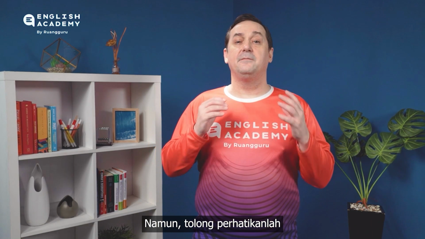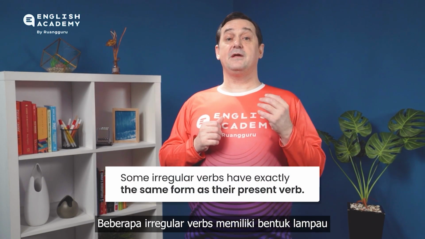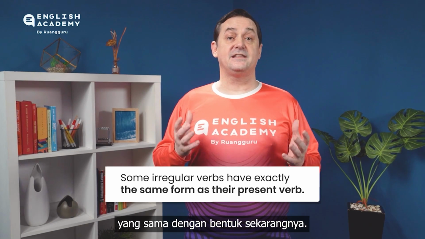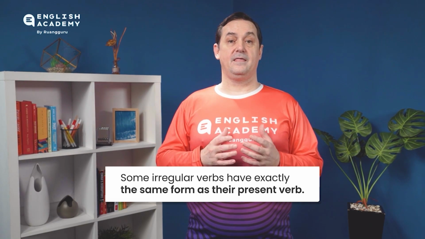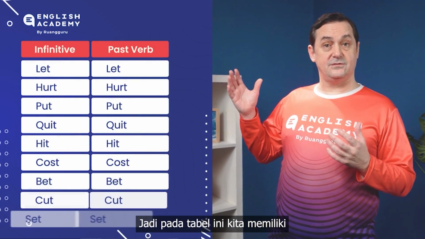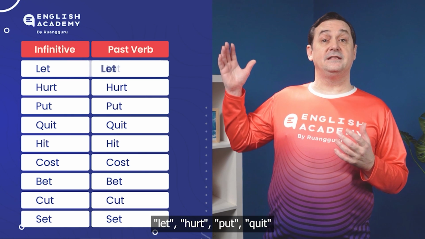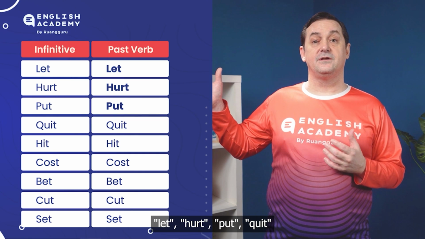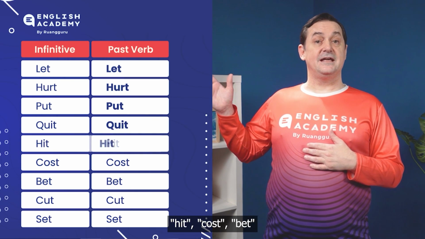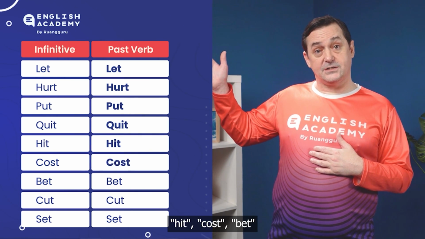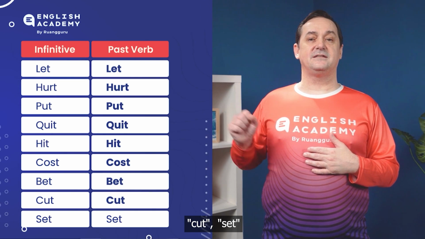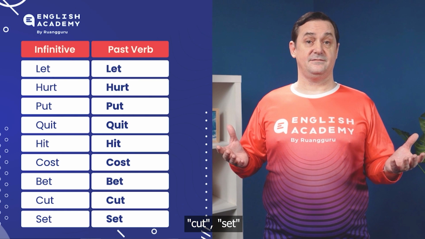However, please pay attention. Some irregular verbs have exactly the same form as their present verb. So in this table, we have let, hurt, put, quit, hit, cost, bet, cut, and set.